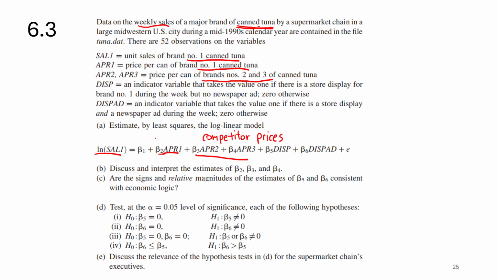So this is its own price. So the sales depend on our price and competitor price. And then the dummies they make: first, the advertisement in the store display.